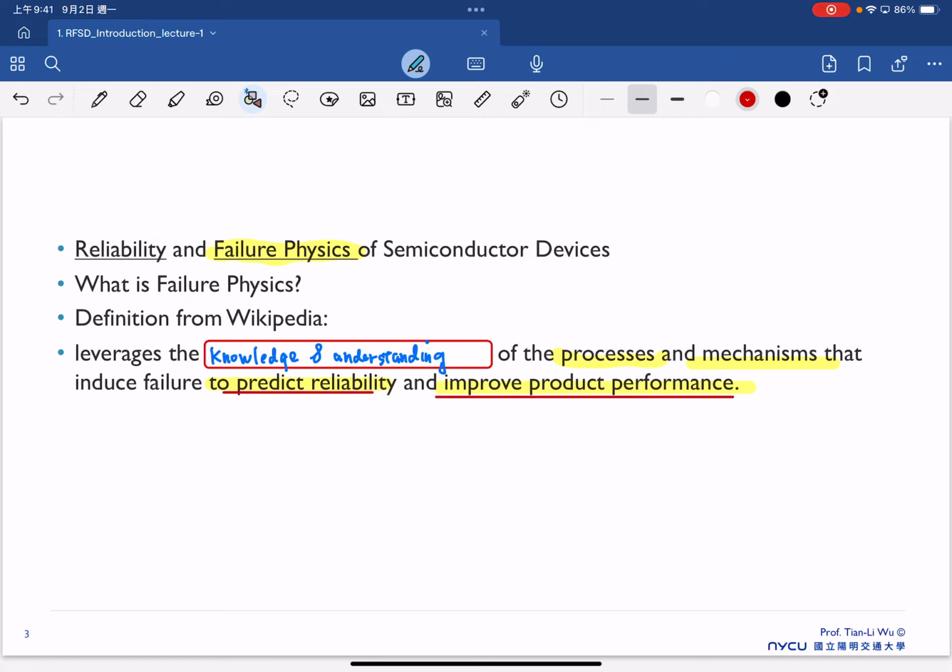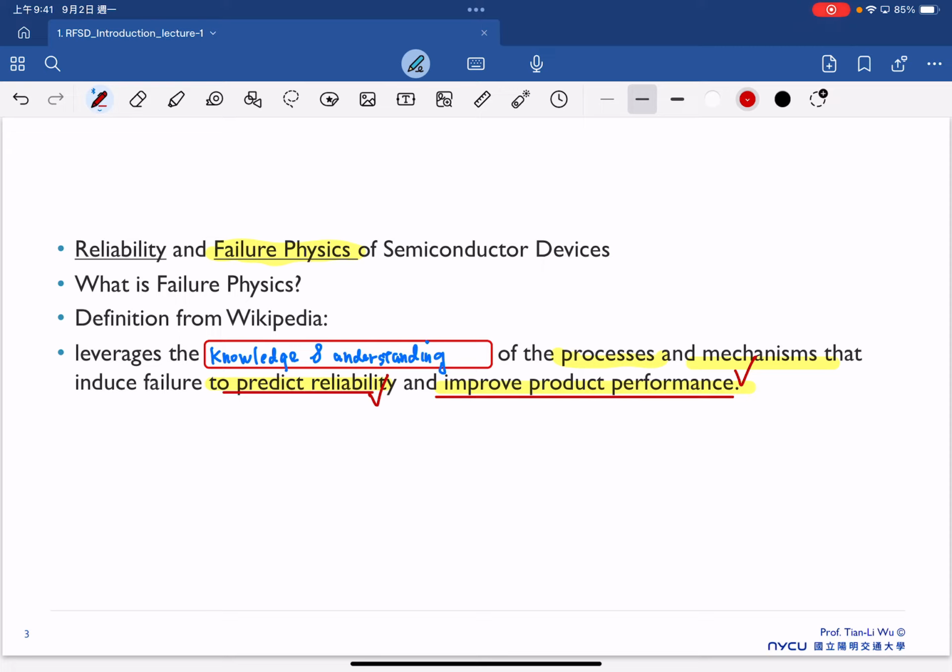So now you can see the major conclusion from value physics is that we need to predict reliability. Once we know why our device will have the threshold voltage shift, why our device will have the current degradation, and once we understand why, we are able to predict reliability and also improve the product performance.